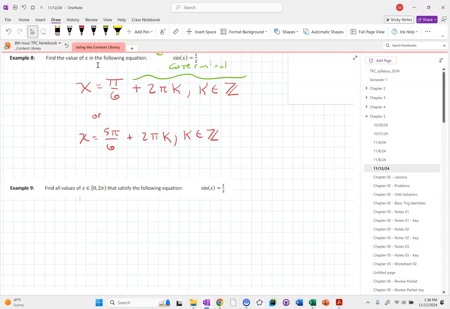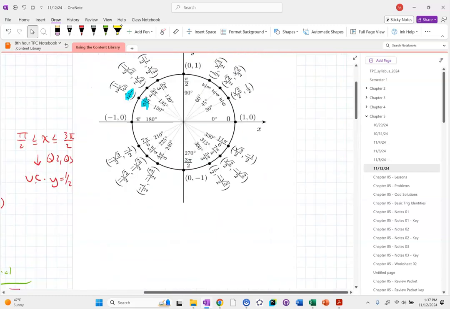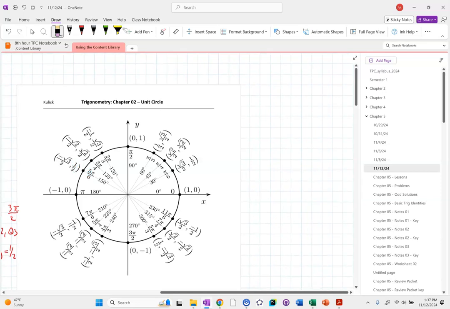Well, we'll start the same way. So we'll go to the unit circle. We'll look for where y is equal to 1/2. But this time I'm looking over the entire unit circle, right? Because my interval I'm solving for is 0 to 2 pi.